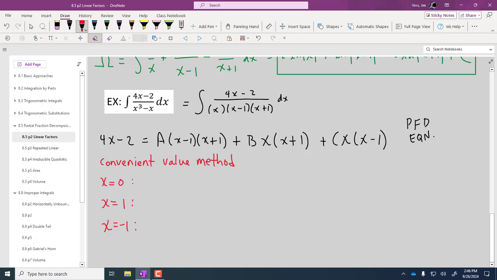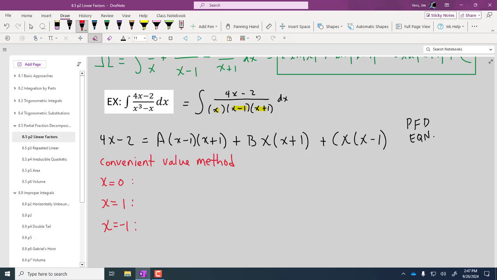So those convenient values are the zeros of the three factors. This equation is defined for those zeros because we no longer have a denominator. So that equation, the PFD equation, is true for all x.